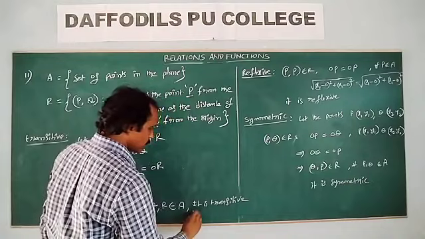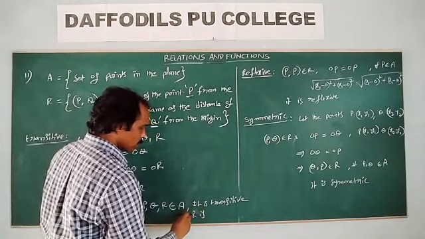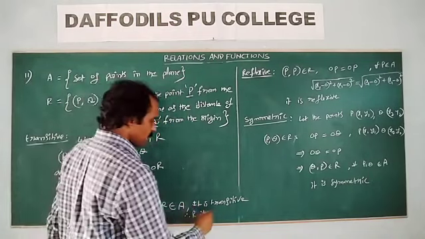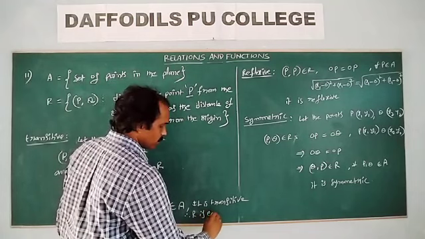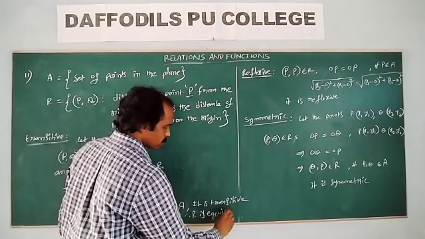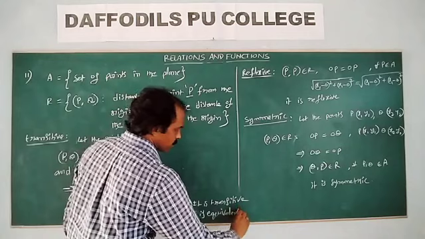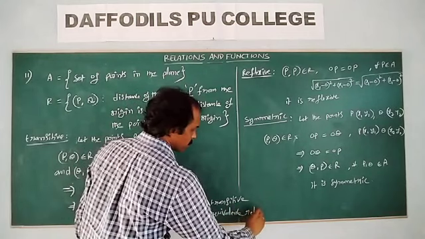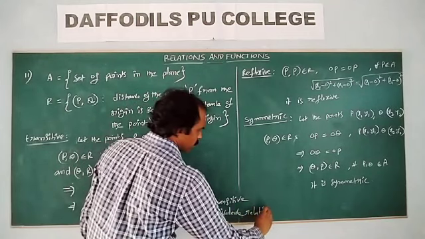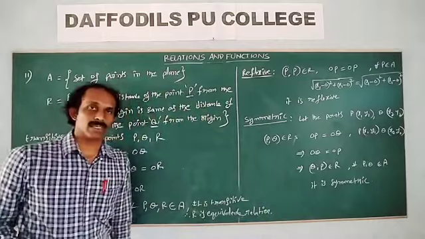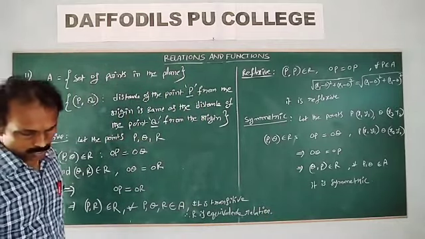So therefore, R is an equivalence relation. Clearly write this, it is compulsory. Last term, R is an equivalence relation. Finish first part.